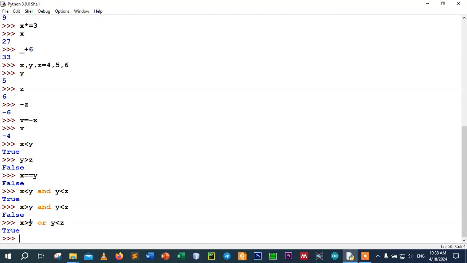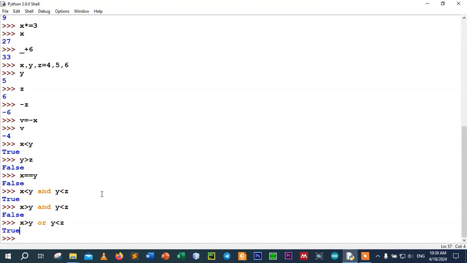But with OR, it is either of the two conditions. If one condition is fulfilled, the output will be true. Either of these conditions must be true to get the true value.